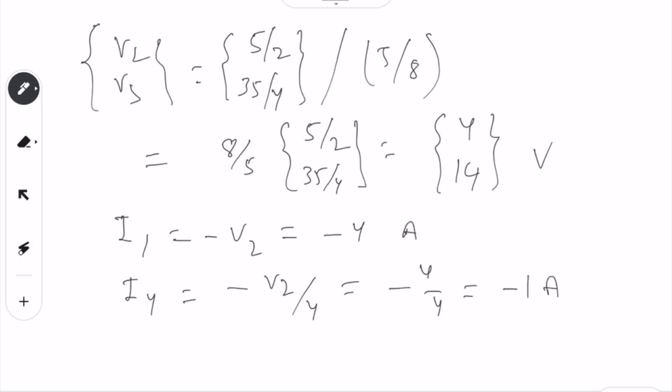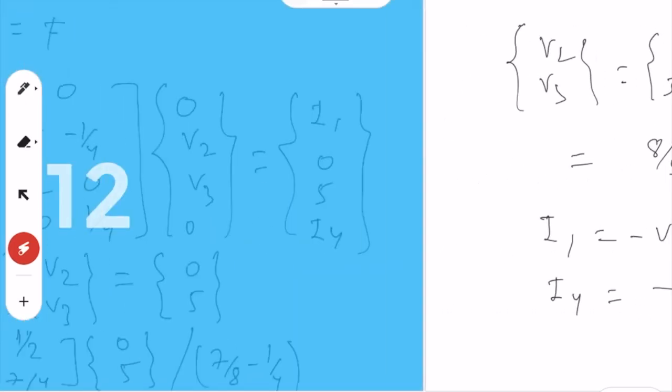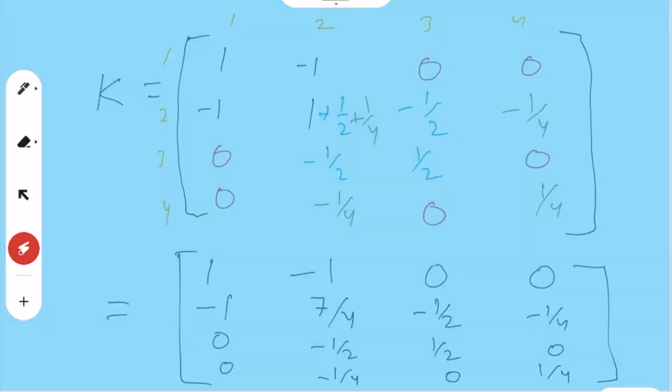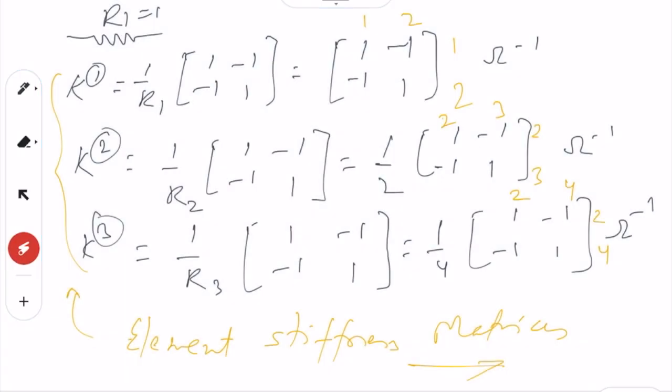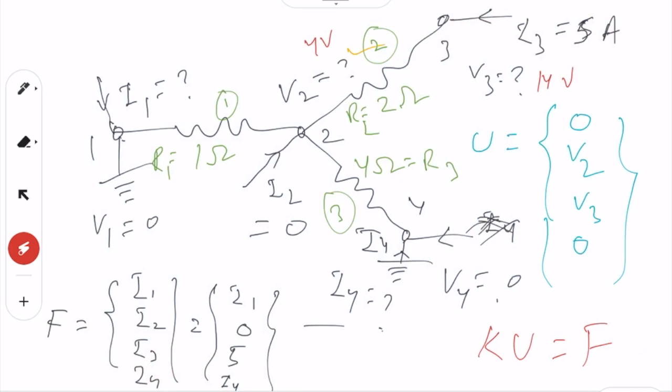Remember, when you say minus, that really means current is going outside of the node. So I1 equal to minus 4 ampere. In this case, this one is the earthing here, so current I1 will be here.